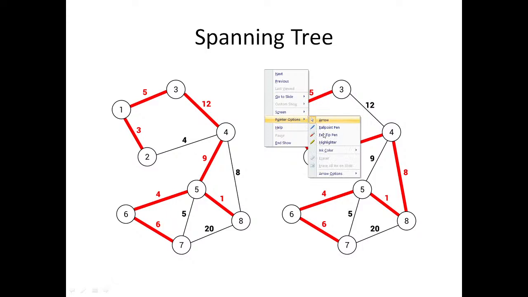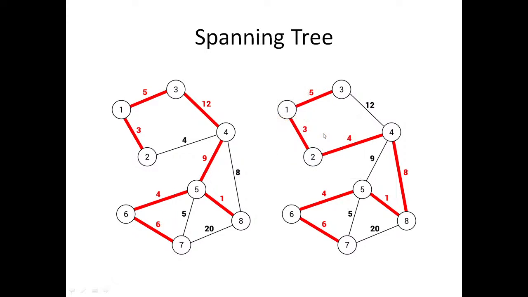If we consider only the red lines, that is a spanning tree. Why is that a spanning tree? These red edges are connecting all the vertices present in this graph: 1, 2, 3, 4, 5, 6, 7, 8. But it does not contain any cycle.